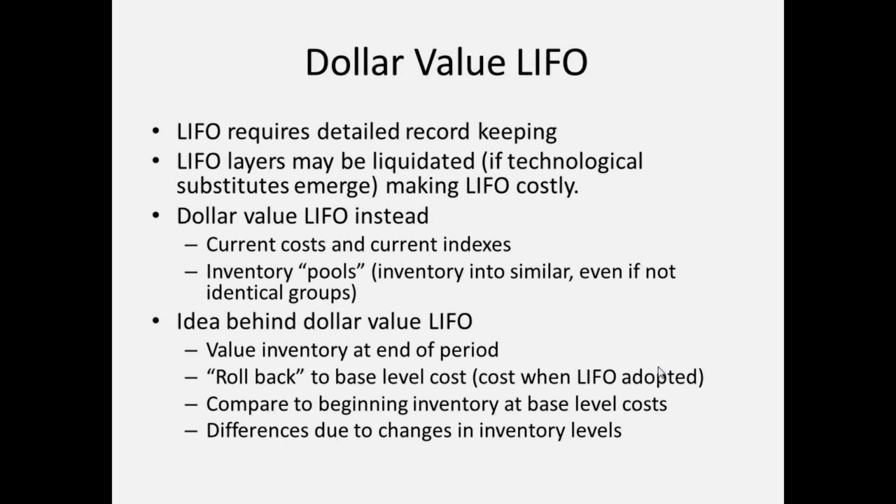And I can put a value on that. I can say, I have 100 TVs of various shapes, sizes, and models, and here's how much it would cost me to buy them right now. Then I can compare that to how much it would have cost me to buy the same TVs at the end of the previous year.